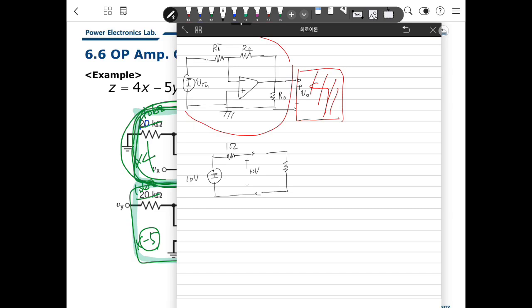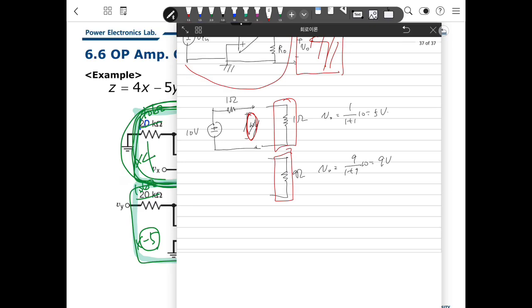Then if you add 1 ohm here, V out will be 10 times 1 over 1 plus 1, which is 5 volts. If you add 9 ohms, then V out will be 10 times 9 over 1 plus 9, which is 9 volts. That means this output voltage depends on these other circuits. That is a loading effect.